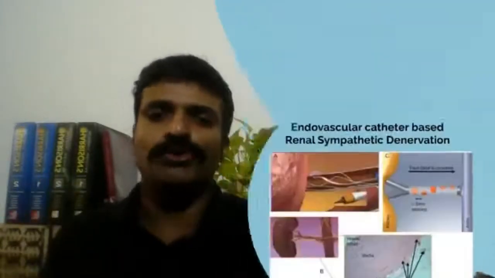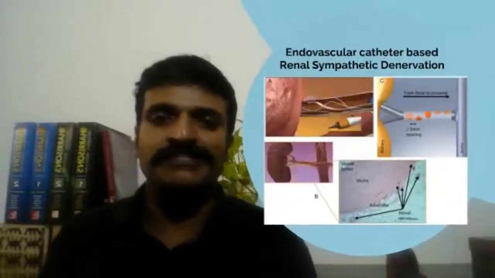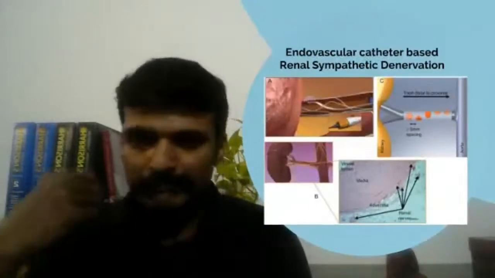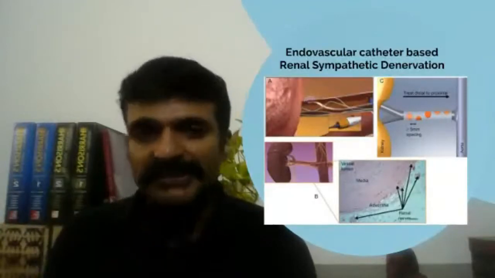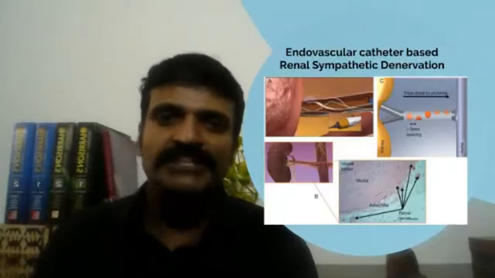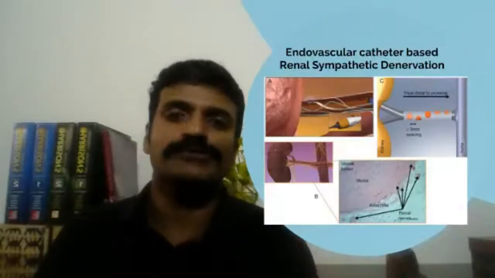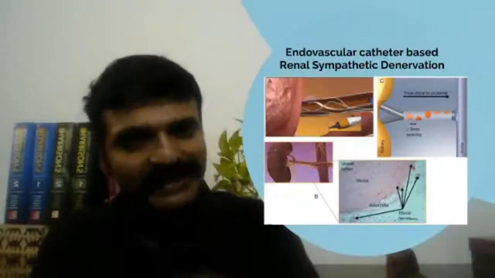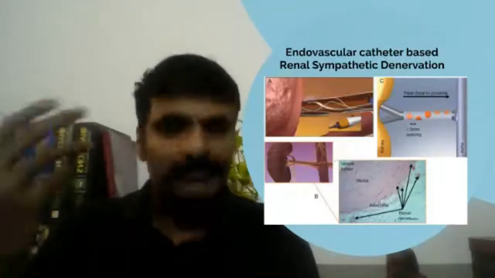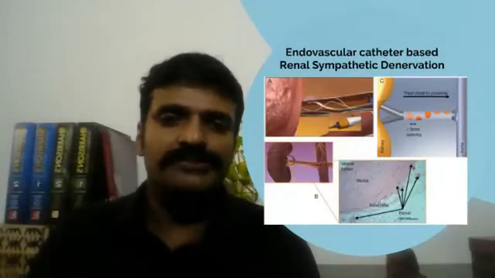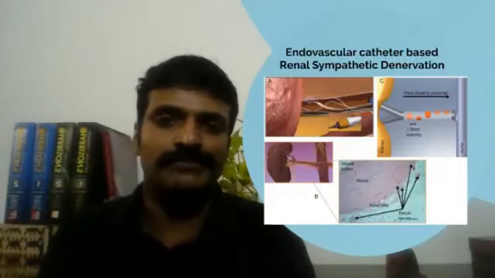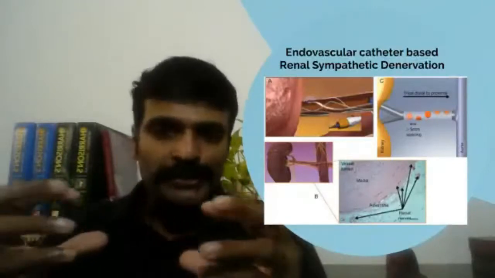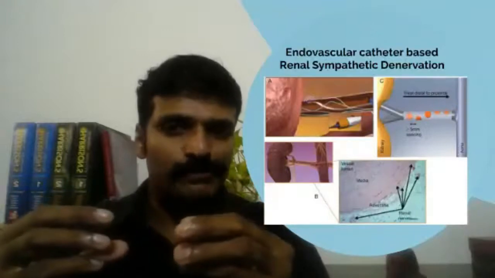A much simpler technique that has been used, and many other trials have been done here, is endovascular catheter based renal sympathetic denervation. So endovascular, you put a catheter inside the blood vessel. Which blood vessel? Renal artery. In the renal artery, you can ablate or destroy the sympathetic nerves, which reduces the renal artery vasoconstriction.